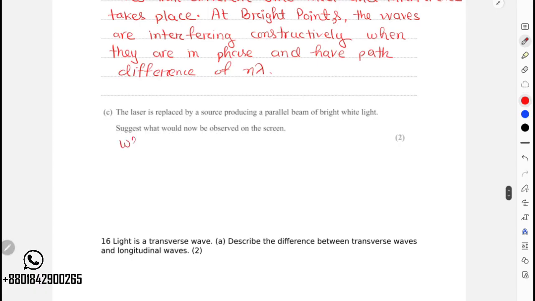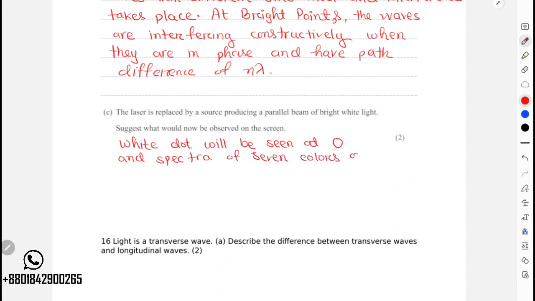So you can write that a white dot will be seen at O and spectra of 7 colors on either side will be seen.